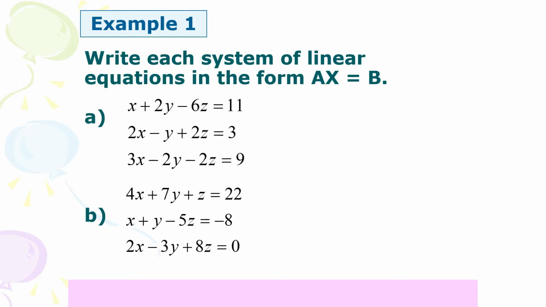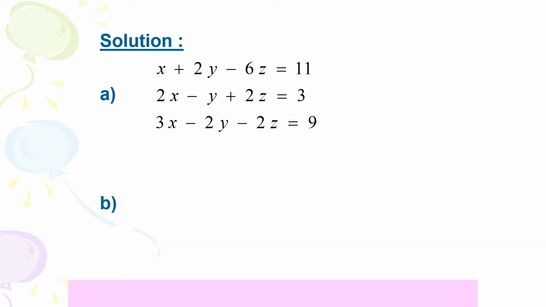Example 1. Write each system of linear equations in the form of AX = B. Given to you are two questions, A and B, in the form of linear equations. Make sure that you know which are the constants and which are the variables. The variables involved are x, y, and z.